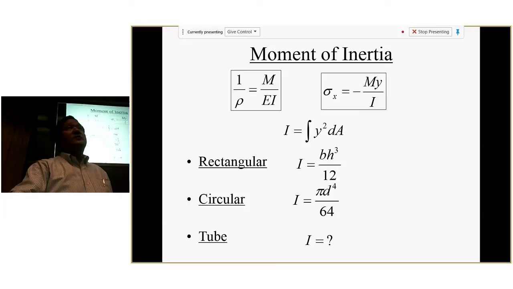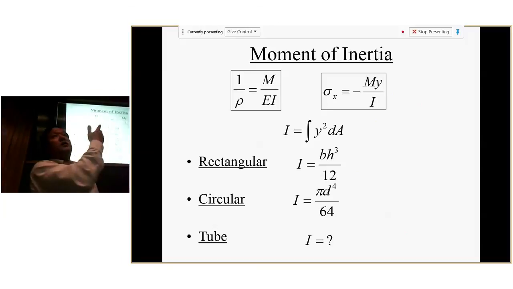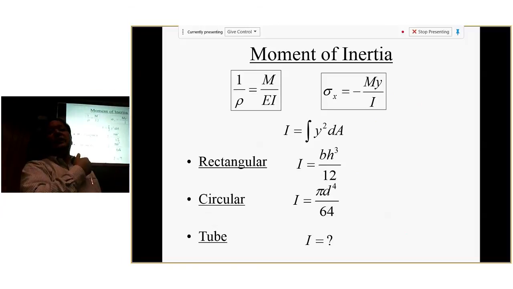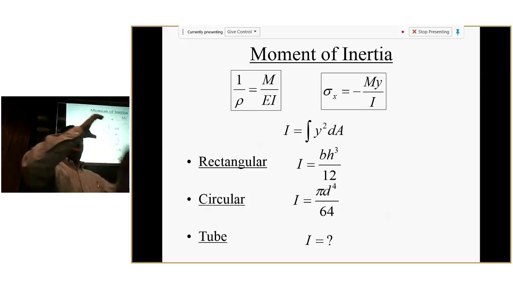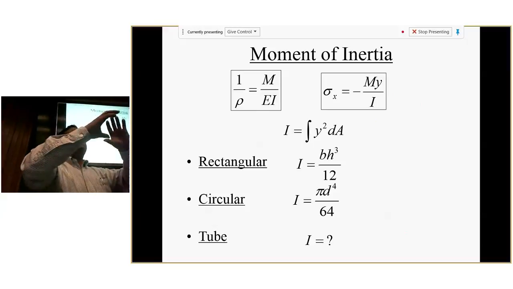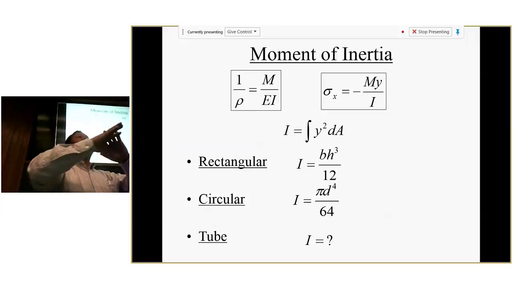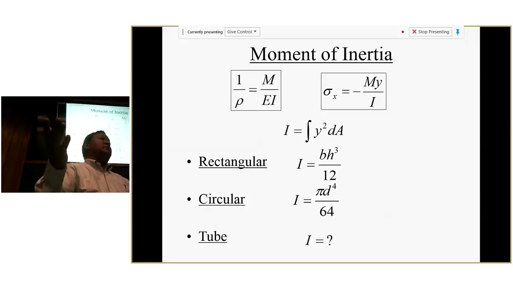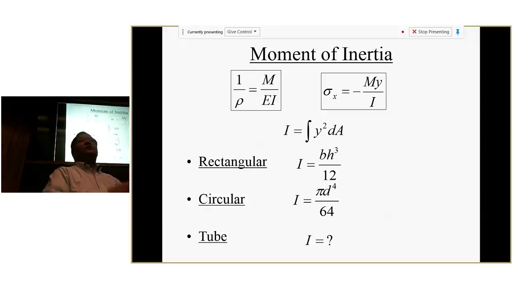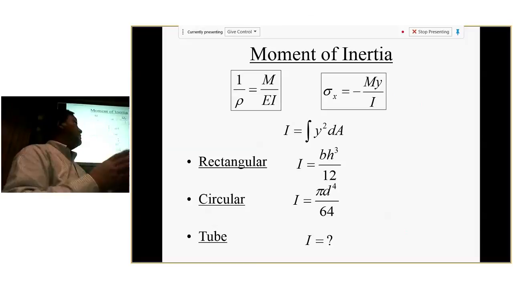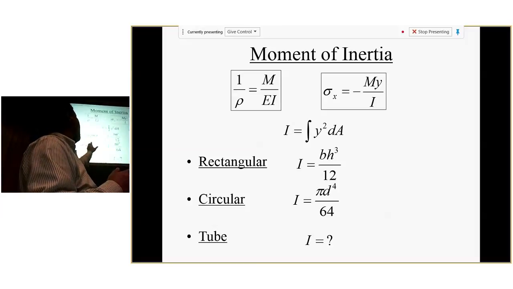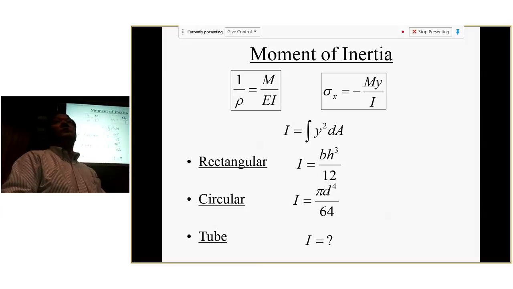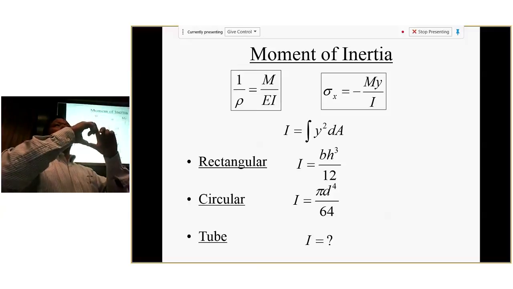On the next slide, I'm showing you how to calculate I. We have the definition, the integral of y squared dA. For common shapes, the textbook already lists it, or you can check the engineering manual. For this class, we'll use only a few types of beams.